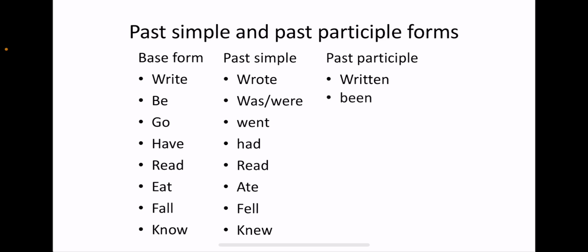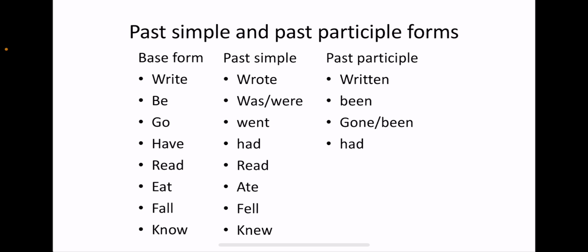We have been for the verb to be, gone or been for go. We use been when we are talking about visiting a place, right? So have you been to the United States? That's an example. Have, had, they are the same.